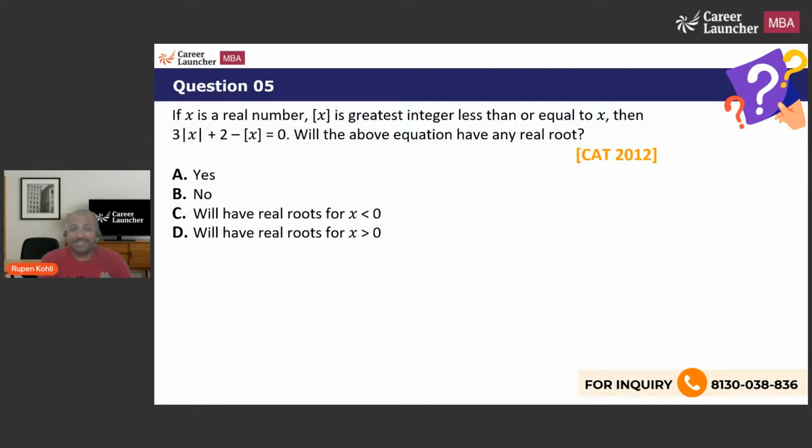Very interesting question, isn't it? Will the equation have any real root? Yes, no. Will have roots for x less than 0. Will have roots for x more. So we are making a decision. Will they have any roots?